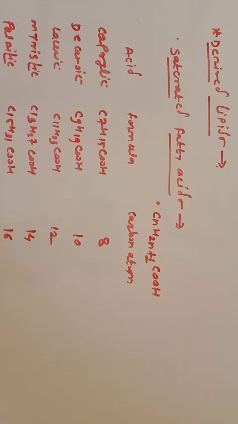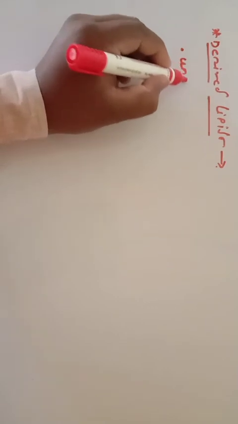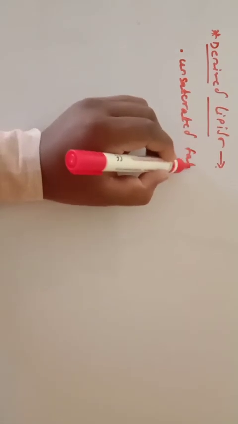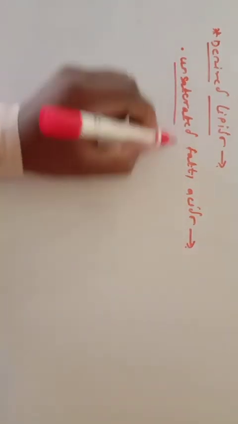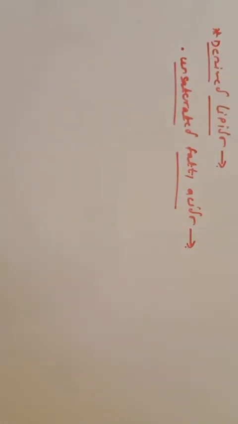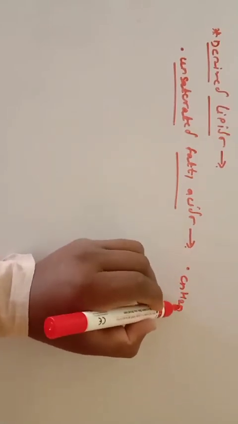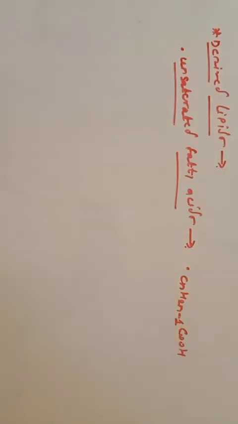So let us discuss the next one, that is unsaturated fatty acids. Unsaturated fatty acids have a general formula CnH2n-1COH group.